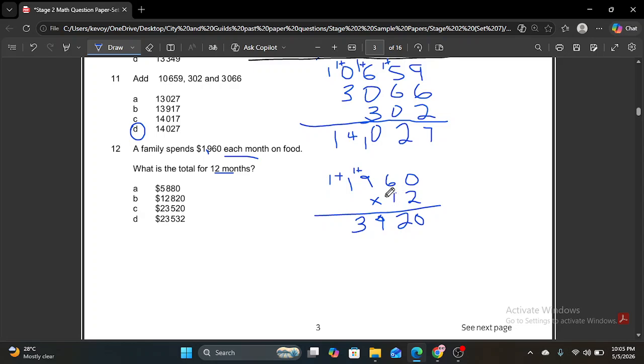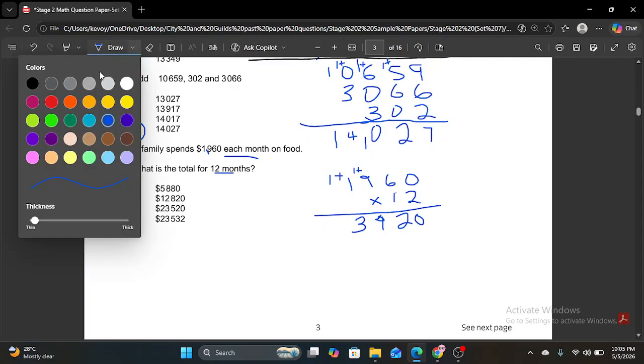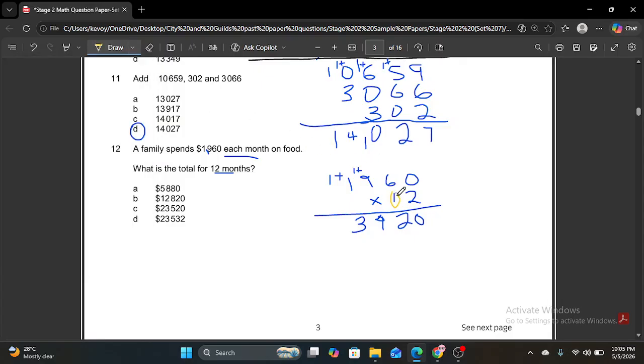Before we multiply using the 1 right there, remember, we're not multiplying by 2, we're multiplying by 12. So you multiply using each digit.